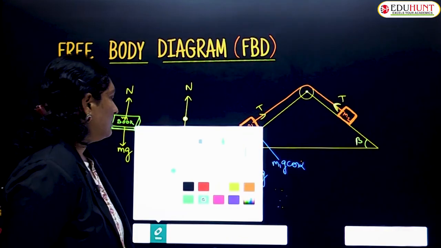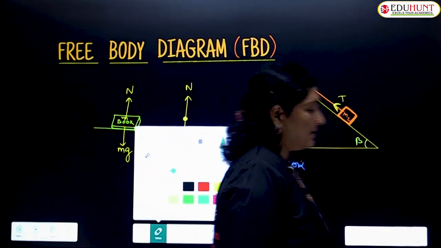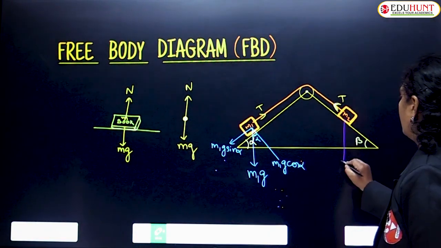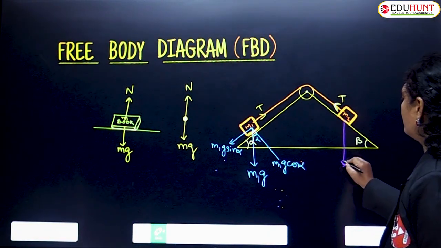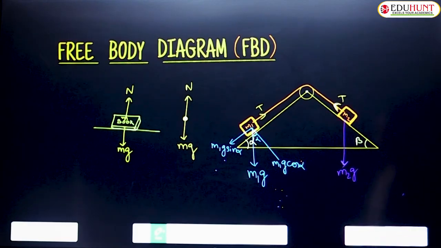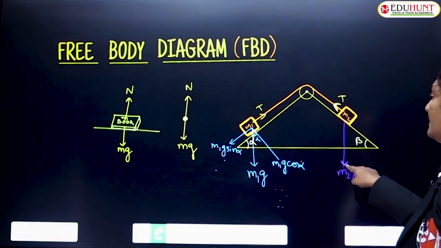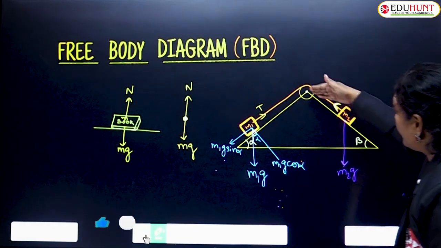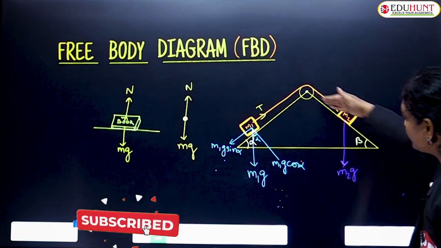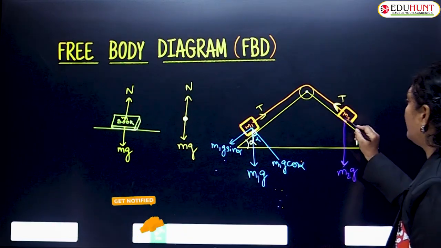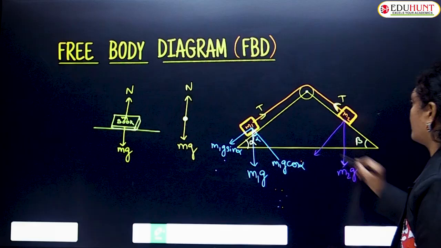Similarly, if you look at the other portion, no doubt the weight of the second body m2 must be acting vertically downwards. This is m2g, and clearly this violet line is perpendicular to this yellow line. So let us drop one more line perpendicular to this yellow line, in this direction.